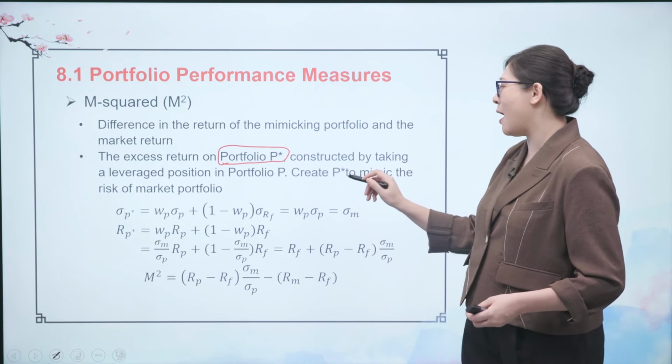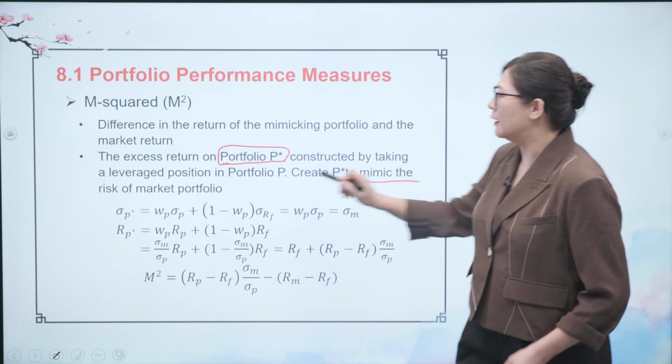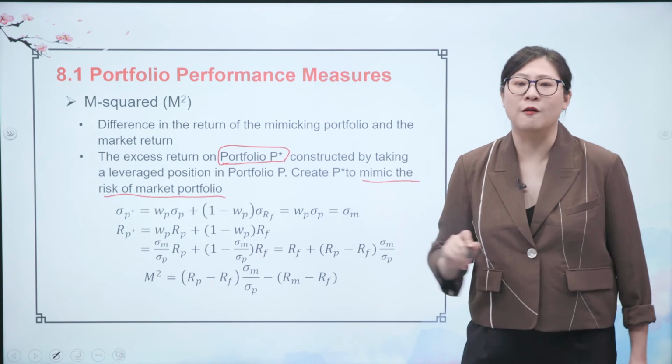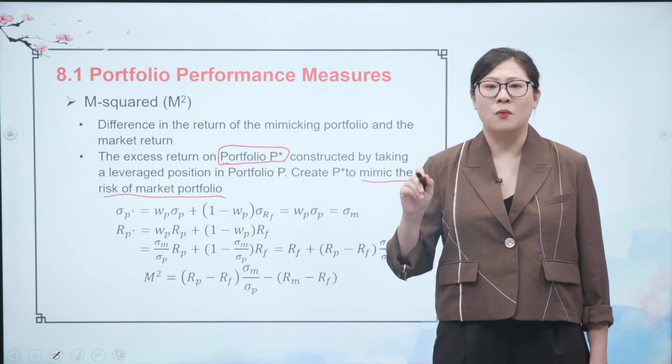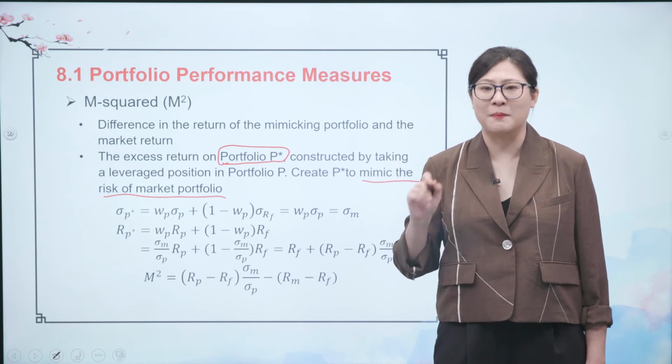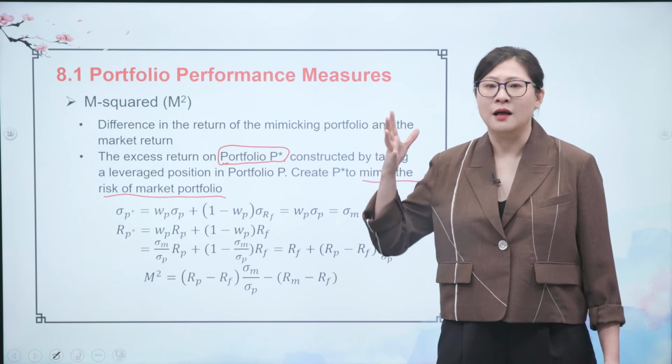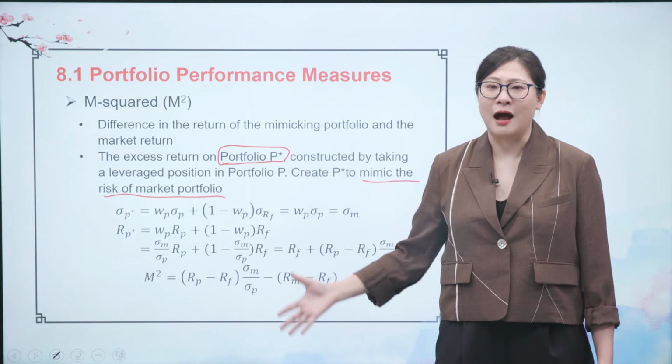And this P star will mimic the risk of the market portfolio. So the risk for portfolio P star will be the same as the risk for the market portfolio. Based on this idea, we will construct our equation.